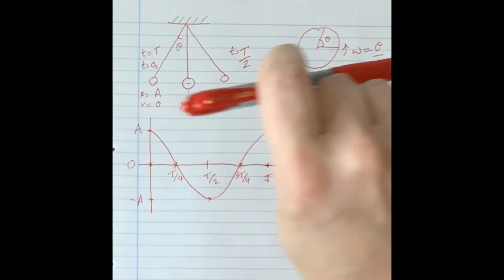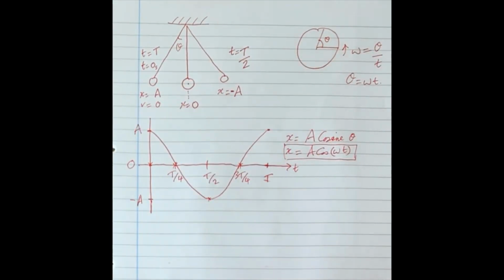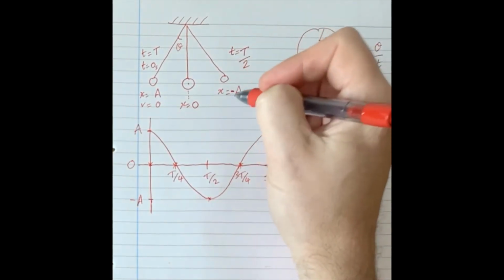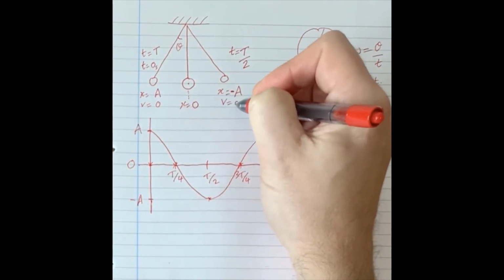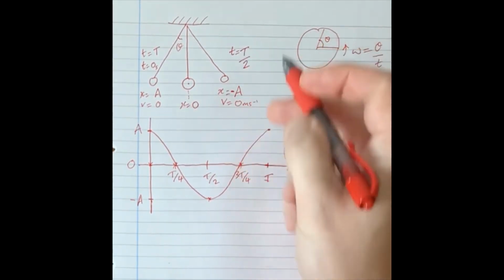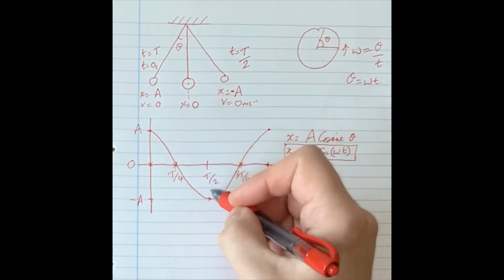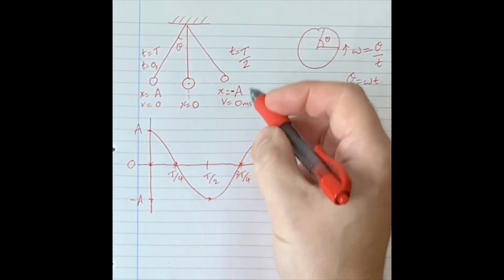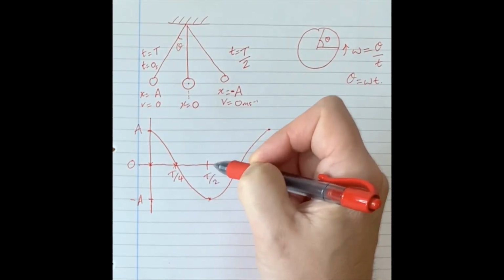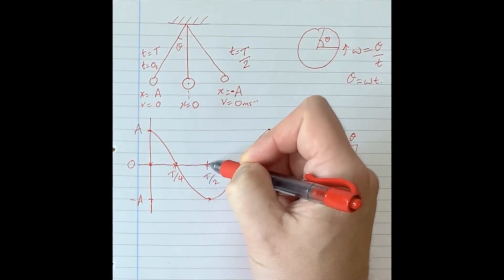So that means it's reached 0 velocity before starting to increase its velocity in the opposite direction. But at that extreme, it's also going to be 0. So at t equals time period over 2, it's going to be a velocity of 0 as well.